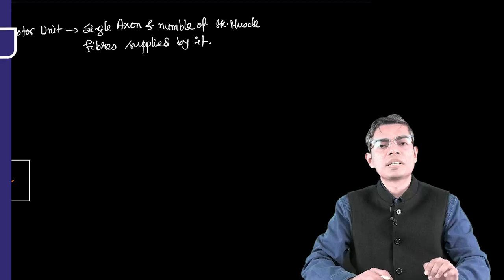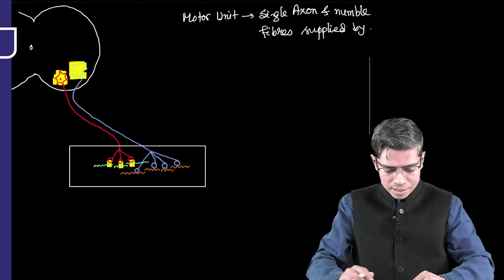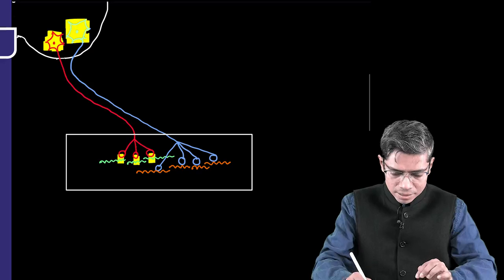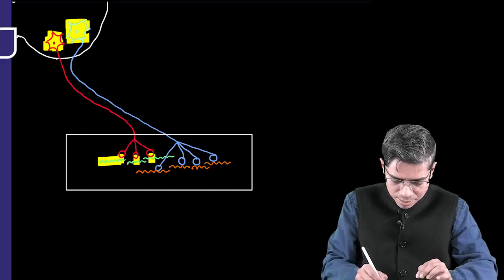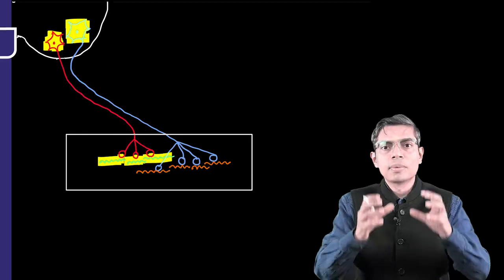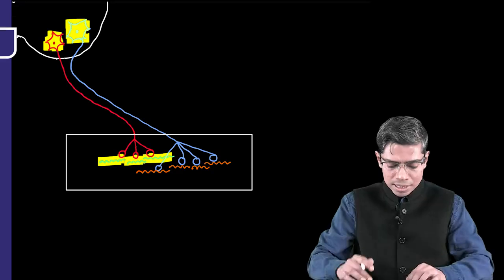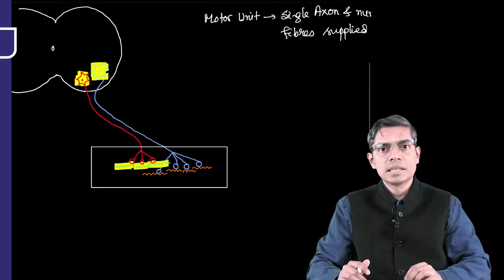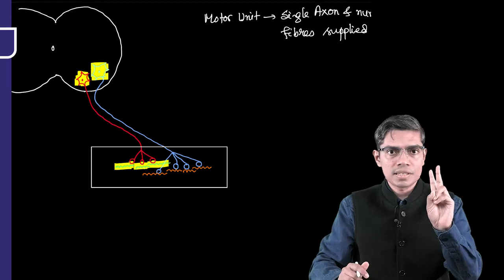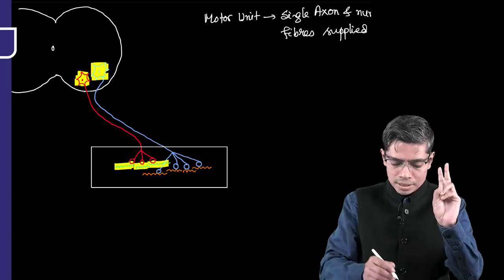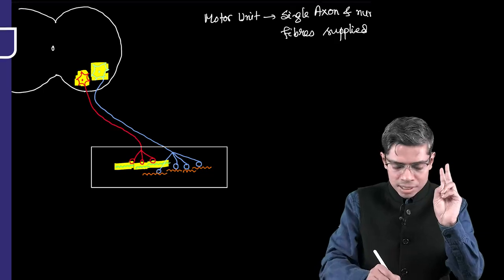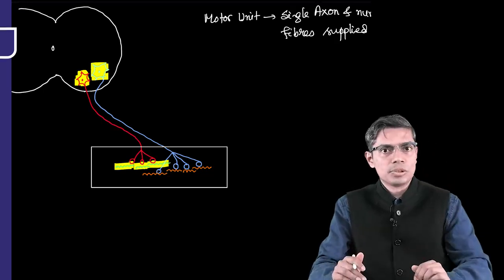This is the definition of a single motor unit, meaning this single red colored axon plus these 3 skeletal muscle fibers form a unit. This is a motor unit. So in this diagram, you can find that 2 motor units are there. The red color is the smaller size motor unit and the blue color is the larger size motor unit.